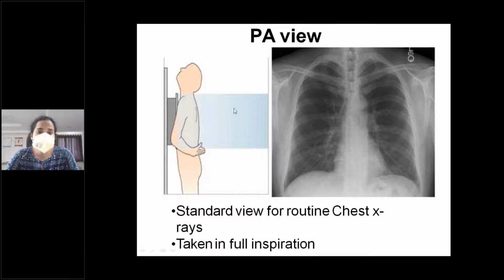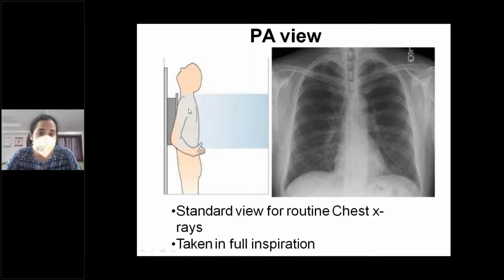Now when it comes to the PA view, this is a properly exposed, normal PA view chest radiograph. Here the patient is placed adjacent to the radiographic film on which the image is captured, and the rays pass from behind him. This is the typical position of the patient for a PA view: the patient flexes his elbow and places his hand behind his lower back.